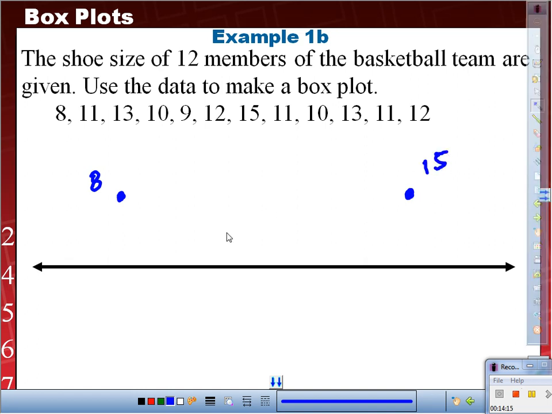Q1, Abraham. Q1 is 10. Q2, Enrique. 11. Q3. Go ahead, Armando. 13.